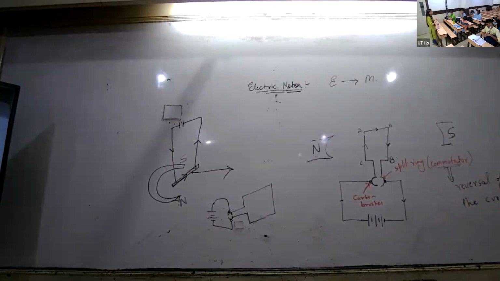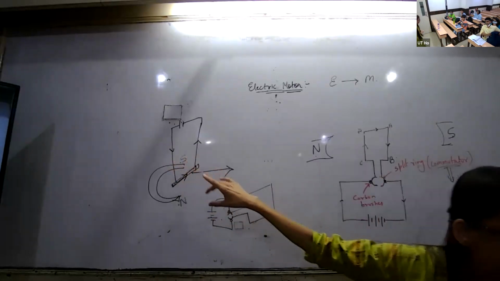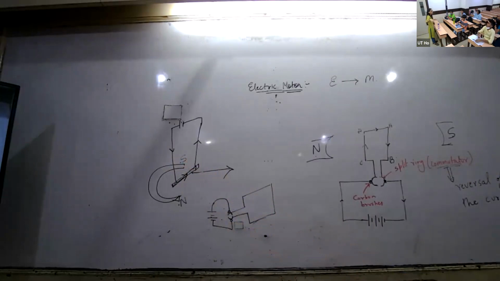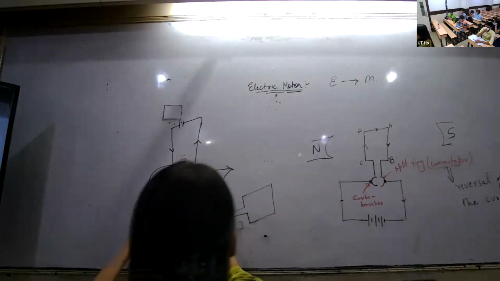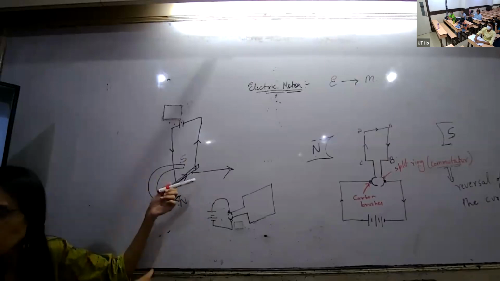The second thing they will ask you, what is the principle behind which this is working. If you are taking a current carrying conductor and you keep that current carrying conductor inside a field, and how do you place it, perpendicular to the field, right?